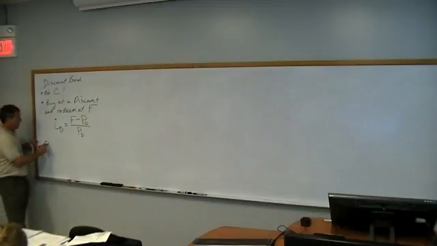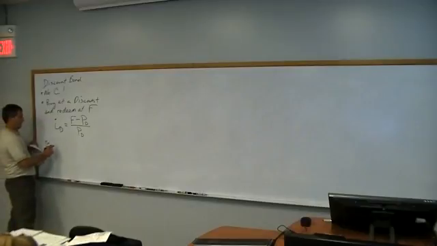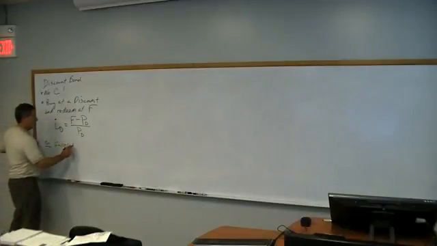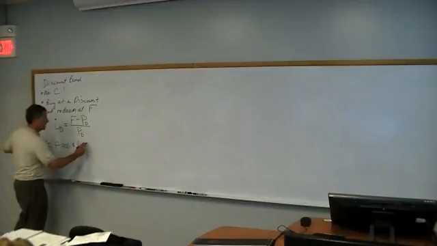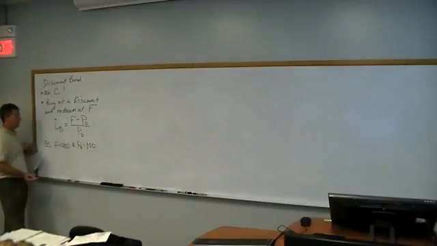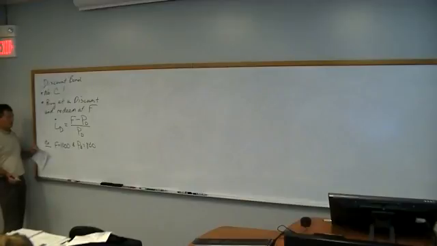So for example, if the face value was 1,000 and the price of the bond today was 800, what's the interest rate going to be 1 year out? 25%.